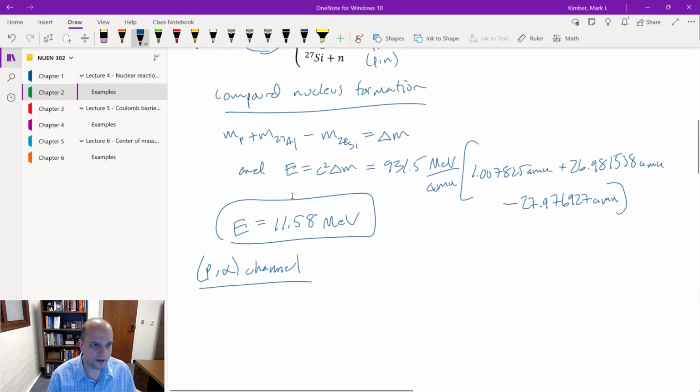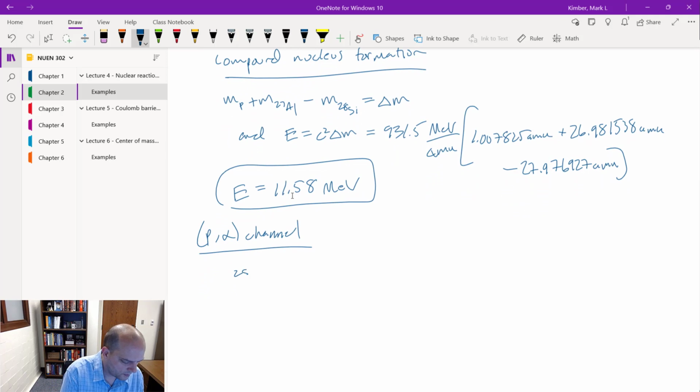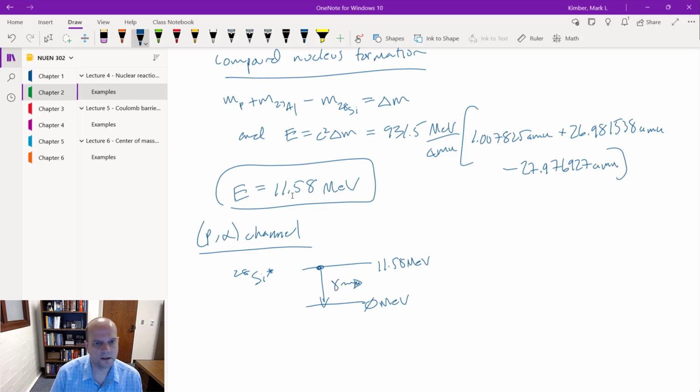And so for this one, it becomes quite simple. We have the ground state of 0 MeV, and then the excited state at 11.58 MeV. And as we drop from the excited state to the ground state, my gamma is released.